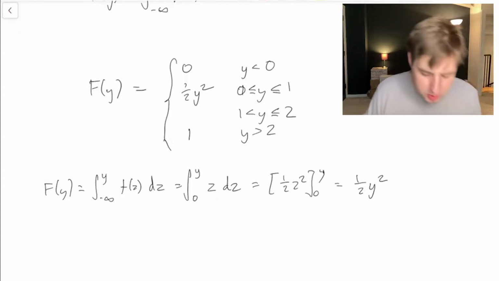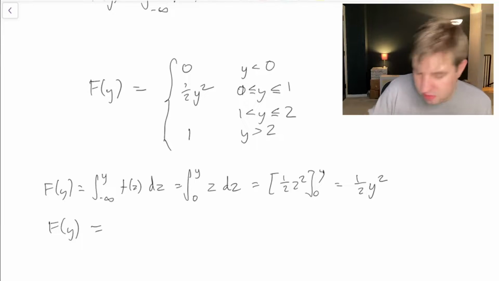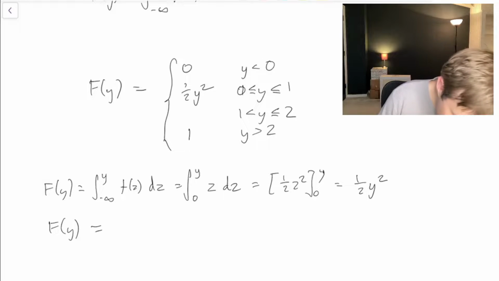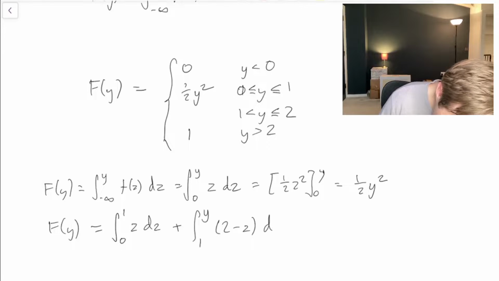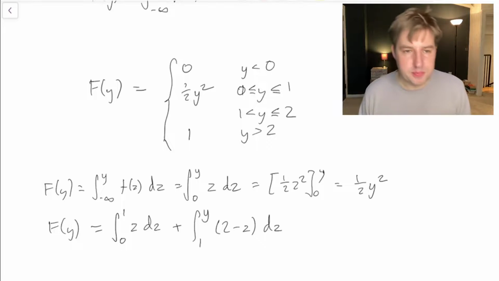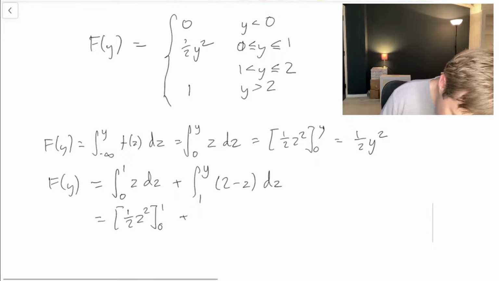What about if y is between 1 and 2? Then up to 0 is nothing to worry about, and we've got all of between 0 and 1, z dz. Then also from 1 up to y, where it's 2 minus z dz. This bit over here, half z squared between 0 and 1.